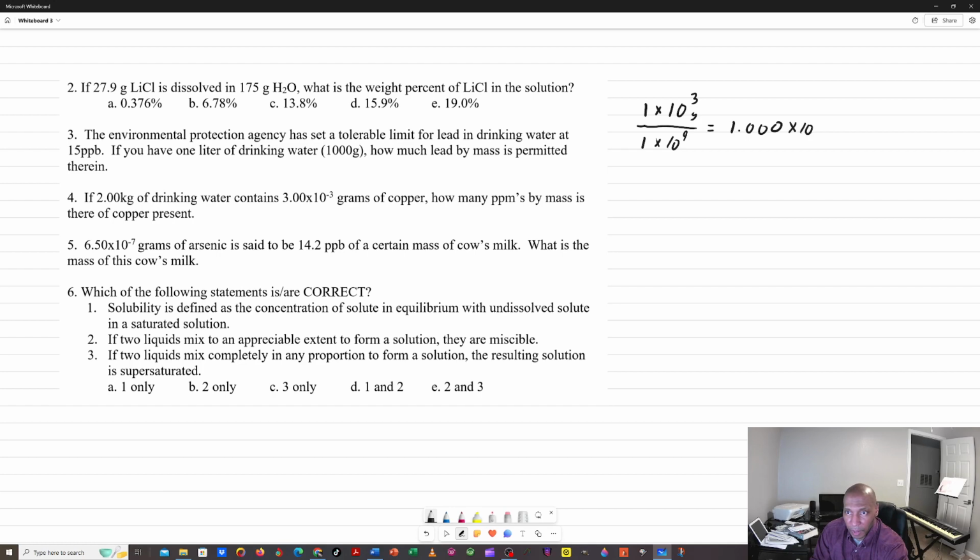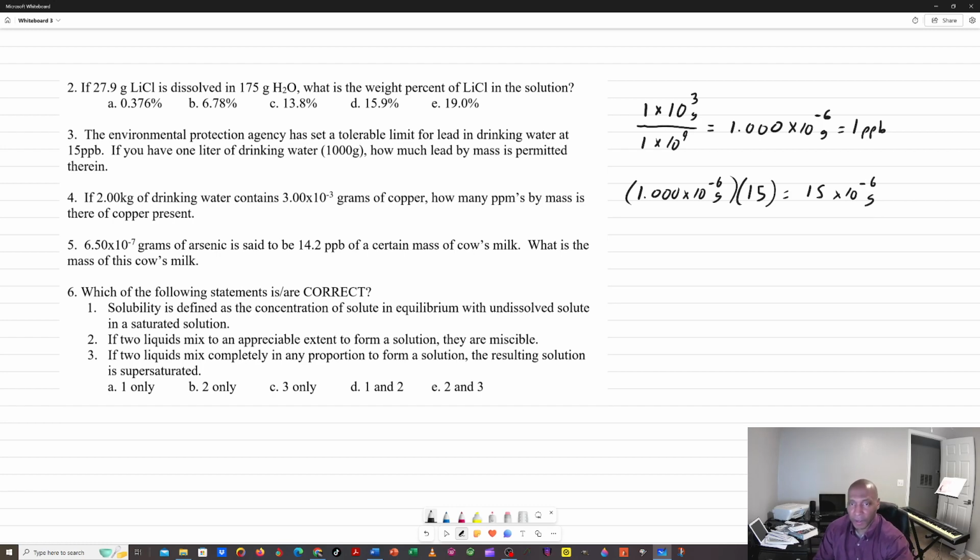So it's going to be times 10 to the 3 minus 9, which is 10 to the negative 6 grams. That's going to equal 1 part per billion. Now if you want 15 of those, 1.000 times 10 to the negative 6 grams times 15 is going to give you 15 times 10 to the negative 6 grams.